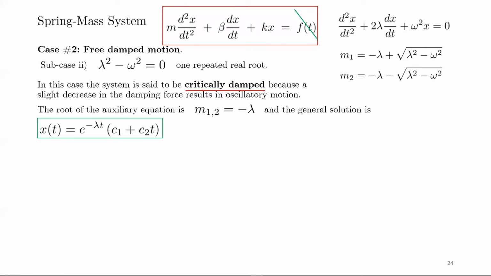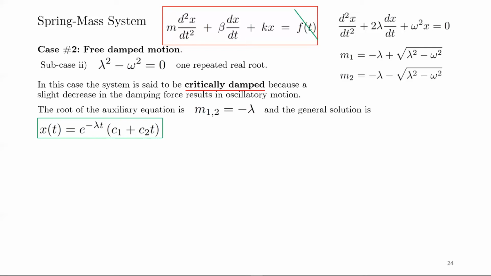We know from our studies of second order linear homogeneous ODEs with constant coefficients that if you have a repeated root, the general solution is the exponential of that root, negative lambda times time, multiplied by c1 plus c2 times time. This is from earlier in the course. So this is the general solution for the critically damped case.